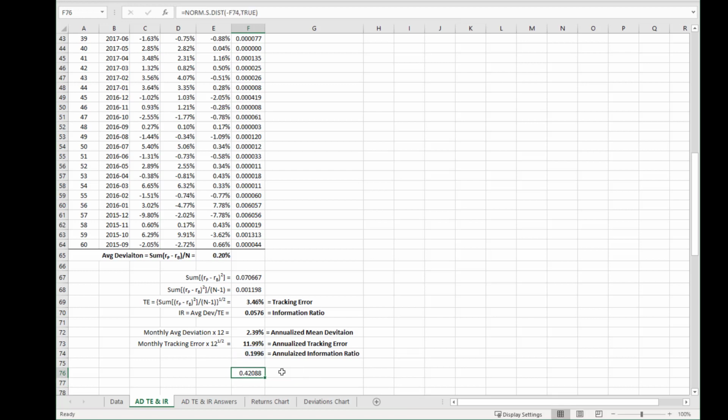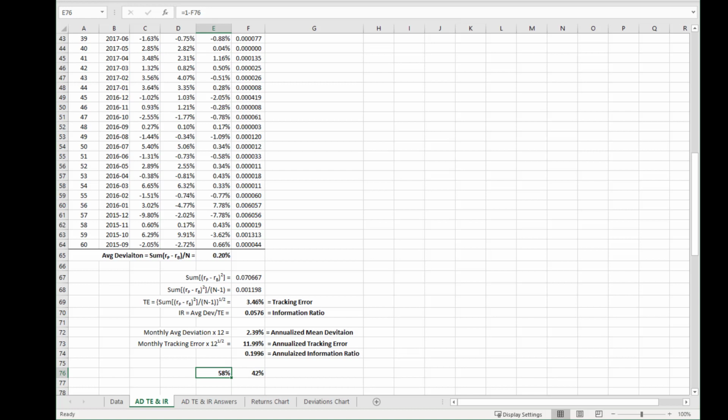like that, and I get this 0.42 or 42%. How do I interpret that number? Well, the idea is that the area of the curve to the left of the mean minus 0.1996 standard deviations is 42%. And so the way to think about that is that there is a 42% probability that this fund won't beat the benchmark next year. And how likely is it to beat the benchmark? Well, it's just going to be 1 minus that.